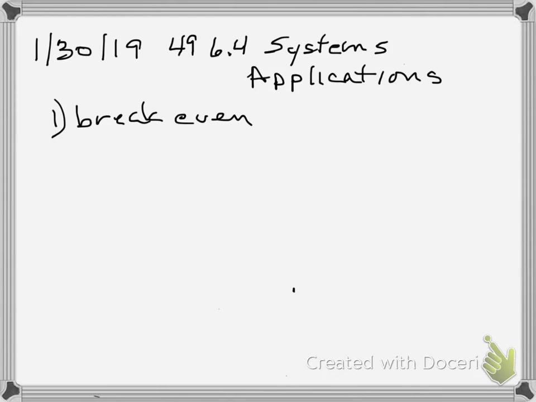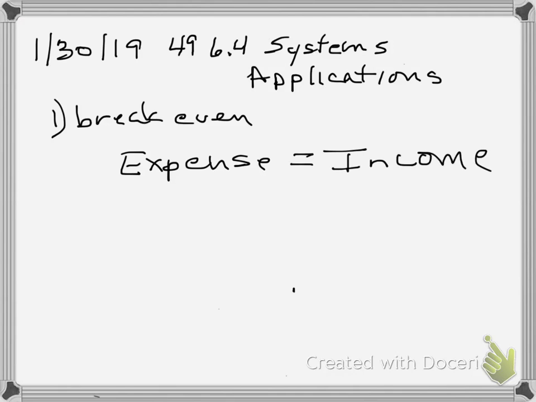So the first problem is a break-even problem. It's about a bicycle store. What you want to do is set your expenses equal to your income. It tells you an expense per month.